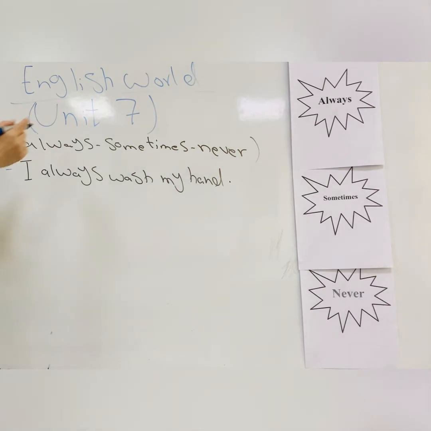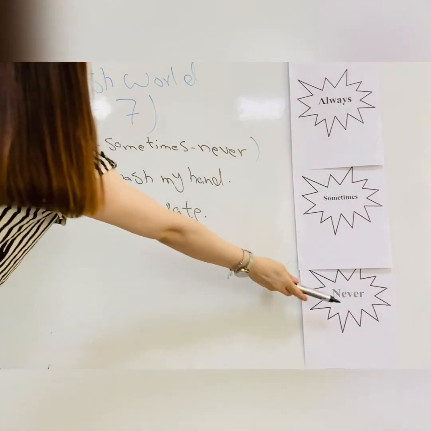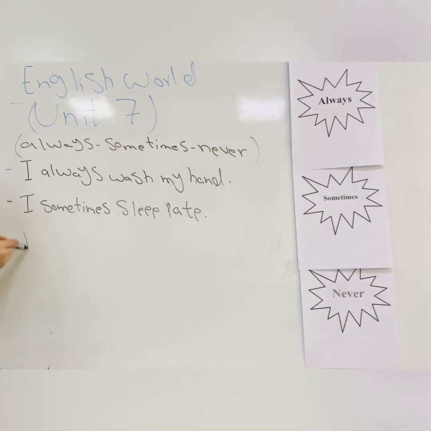If I want to use sometimes, I say I sometimes sleep late. I sometimes sleep late, okay? If I want to use never, I say I never eat sweets, okay?